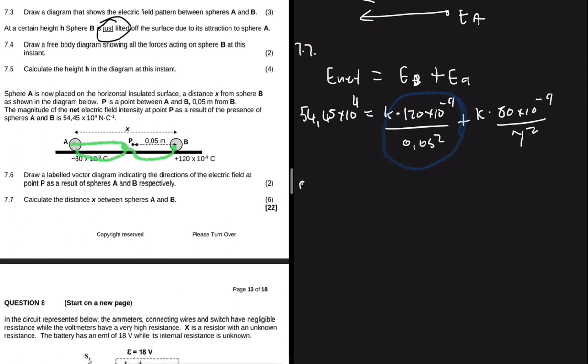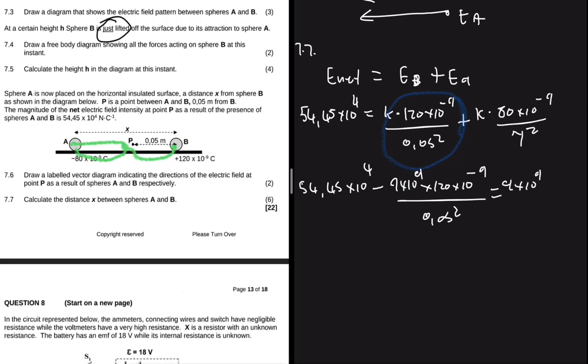So we're going to have 54.45 multiplied by 10 to the power 4 minus 9 times 10 to the power 9, I'm substituting K now, multiplied by 120 times 10 to the minus 9 divided by 0.05 squared. And then this will be equal to 9 times 10 to the power of 9 multiplied by 80 times 10 to the minus 9 divided by Y squared, right?